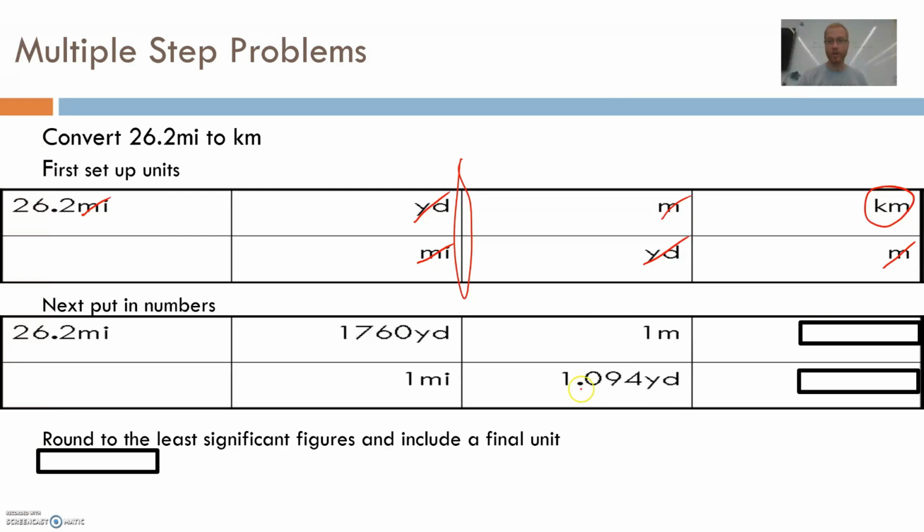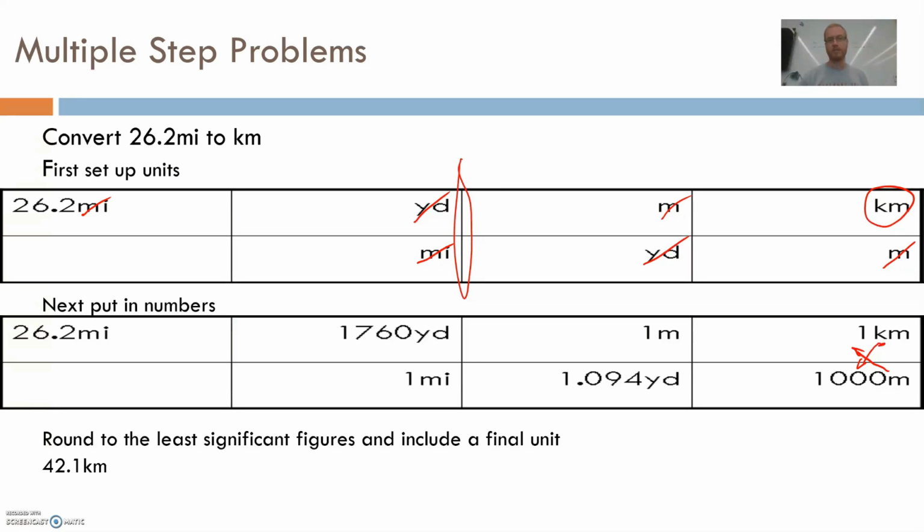Make sure the 1.094 goes on yards. And then meters to kilometers, kilo means 1,000, so that goes down here. Meter is the base unit, which means 1, that goes up there. Because that's a metric conversion, you got to switch where those numbers go. Multiply across the top, divide by the bottom, and you get 42.1 kilometers.